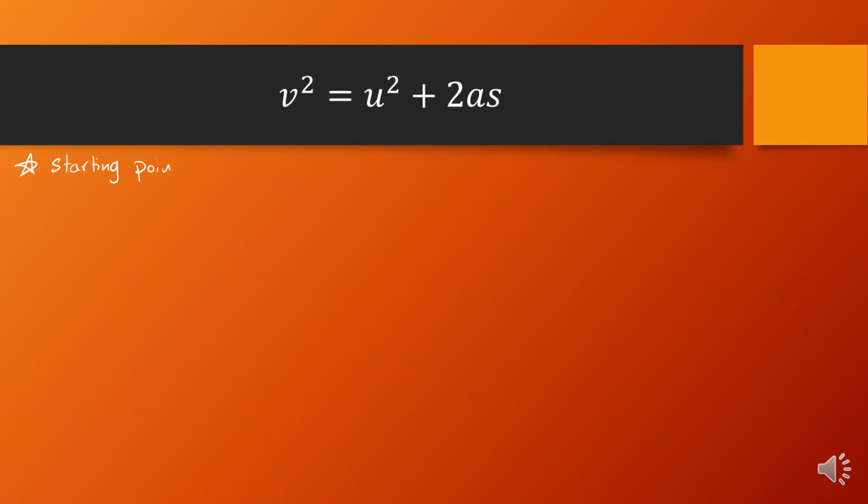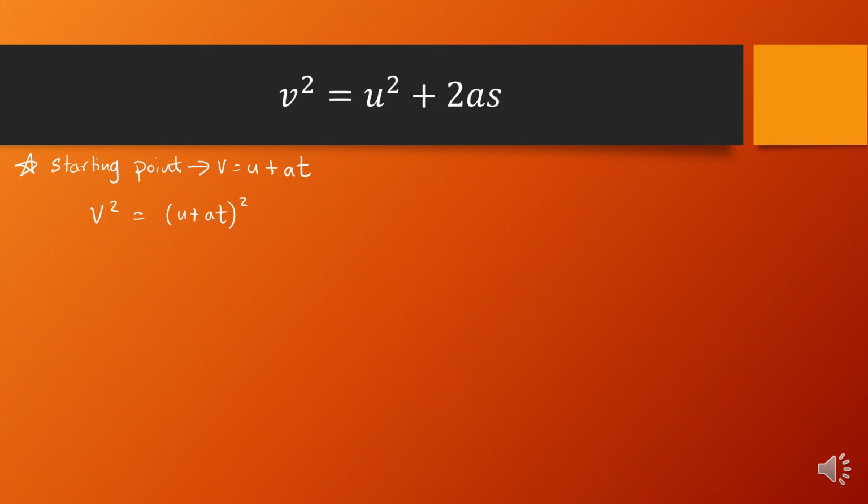So our starting point is going to be v equals u plus at. We're going to use that to get an expression for v squared. So v squared will be equal to u plus at, all squared. So that's squaring the left and the right.